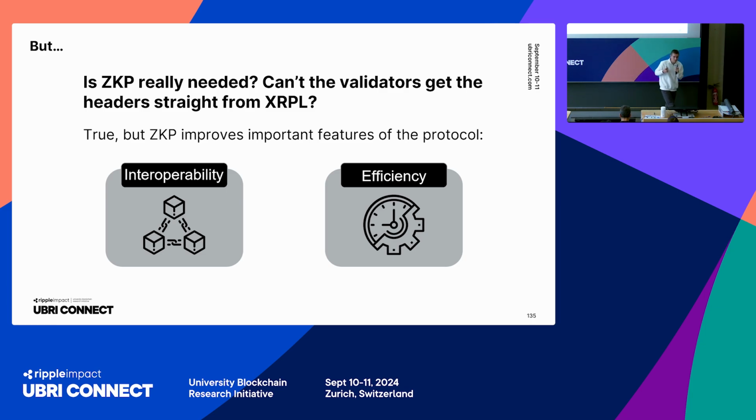If the 35 validators had to run the light client verification protocol straight from the other chain, it would not be very efficient, because the light client verification protocol could be very expensive to verify. It also improves interoperability. We just don't need this link between the validators and the other EVM sidechain. So yes, zkP is really useful in that case. It makes everything really fast.